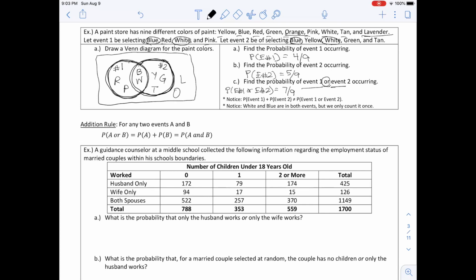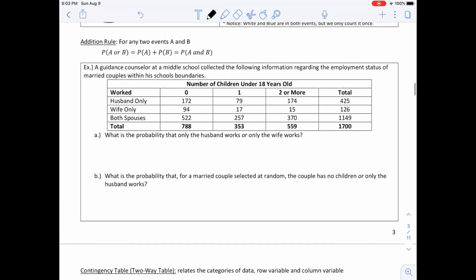There's a couple of bullet points right below that. One of them says notice that the probability of event 1 plus the probability of event 2, adding these two together, is not equal to part C, which is the probability of event 1 or event 2. And the reason why is because we have blue and white that occur in both event 1 and 2. And if you did this by adding these two together, you're actually counting it twice. It should only be counted once.